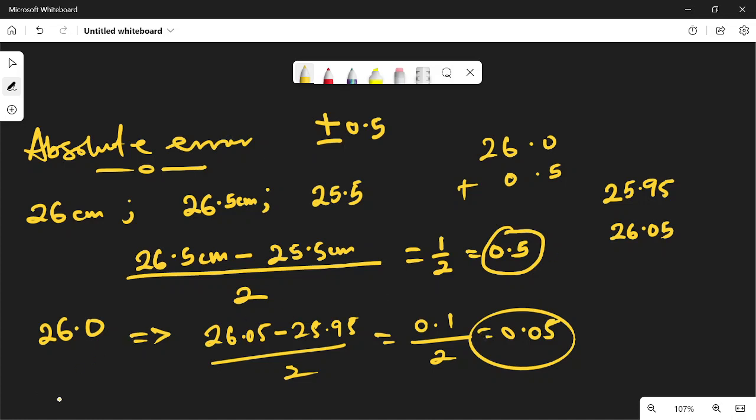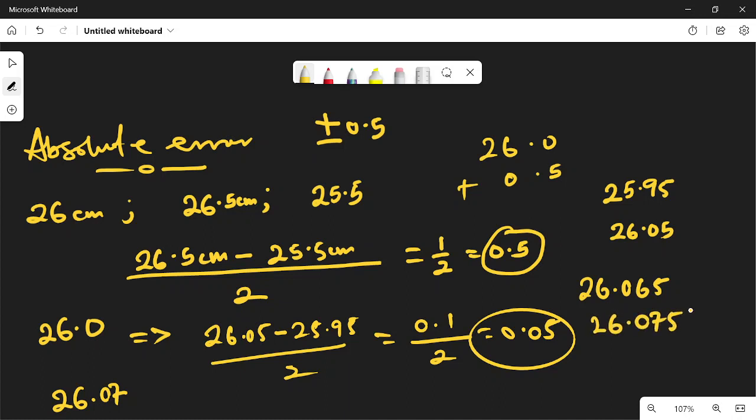And if I have to two decimal place, let's say 26.07, for me to have a number that I'm going to approximate to two decimal place, if I subtract 0.5 from this, I'll be having 26.065. And if I add 0.5 to it, I will have what? 26.075.